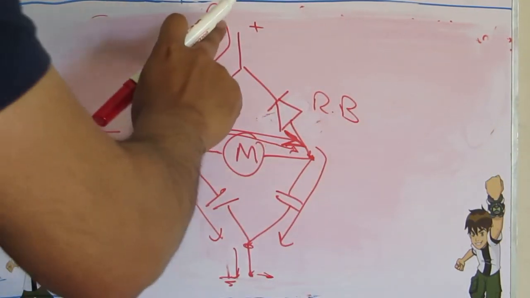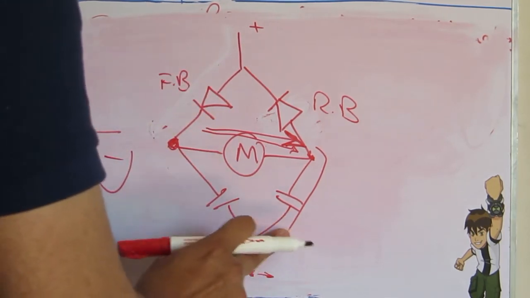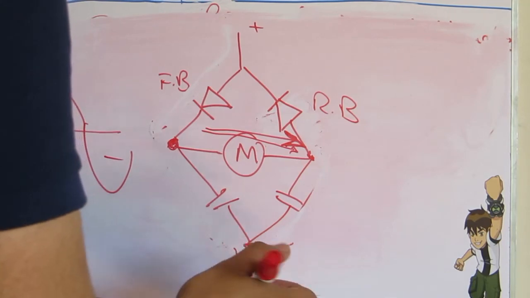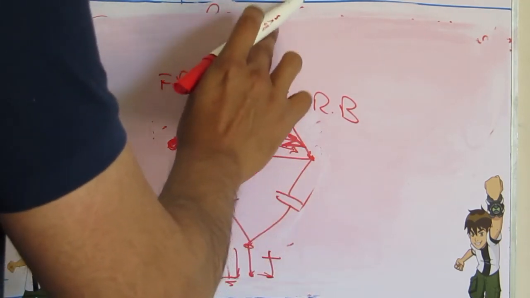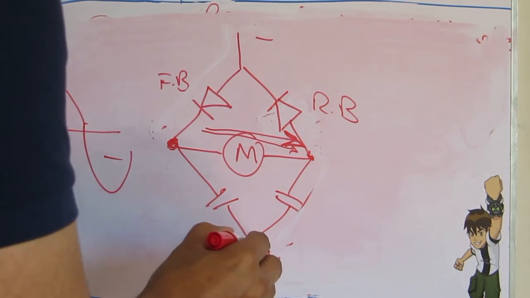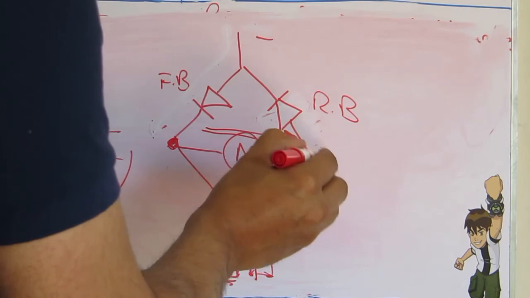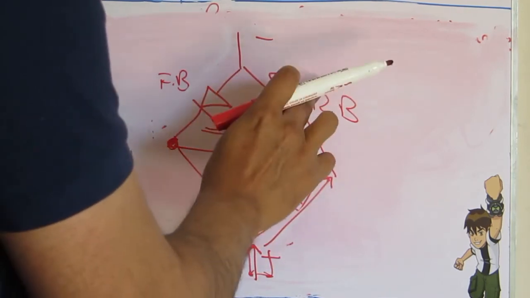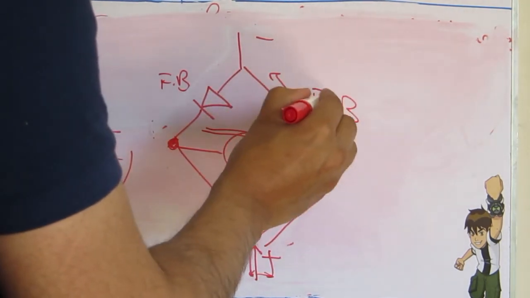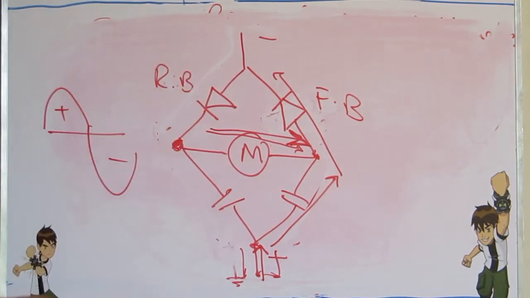When the negative half cycle comes, this terminal becomes positive and this one becomes negative, and the current flows from here in two directions. One is right over here, and then from this to here, because this diode is now forward biased, whereas this diode is now reverse biased.